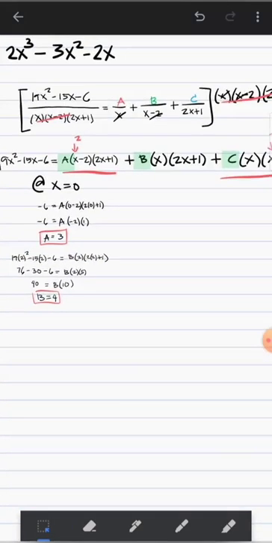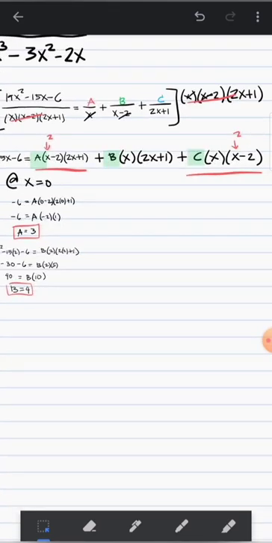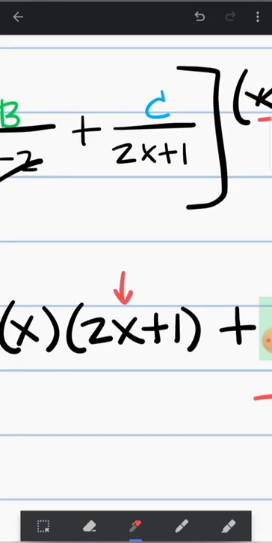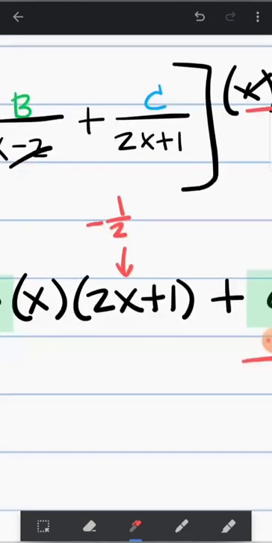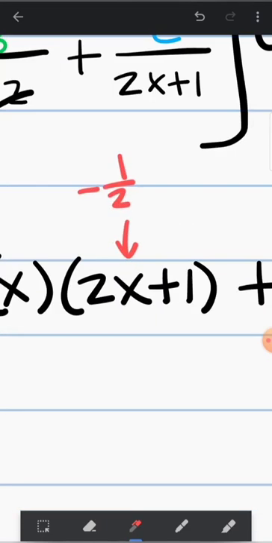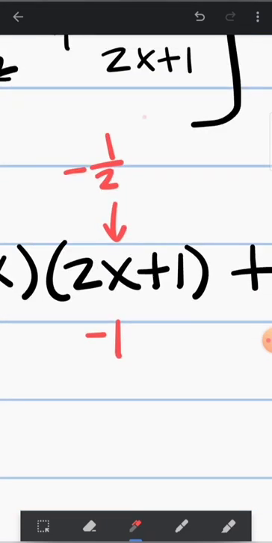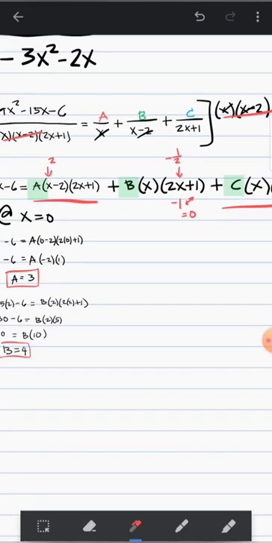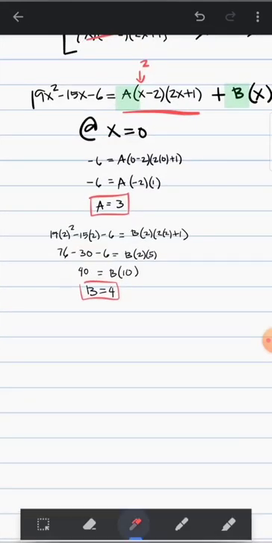And now for c, are there any other values that if we put here, b will get cancelled? I guess it is negative 1/2. What do you think? Because 2 times negative 1/2, the 2's will cancel, so it will become negative 1. And so negative 1 plus 1 is 0. Alright, so let's put negative 1/2 to all.